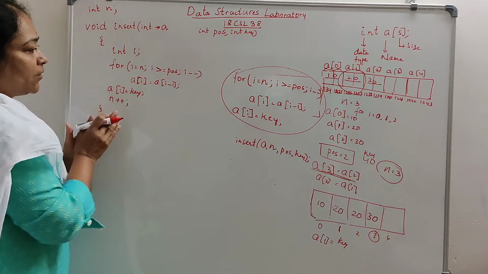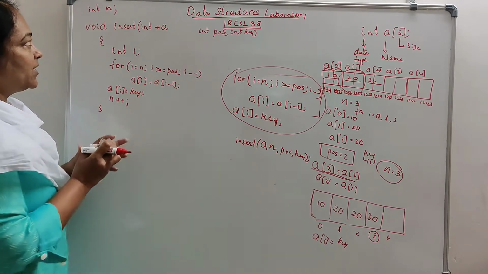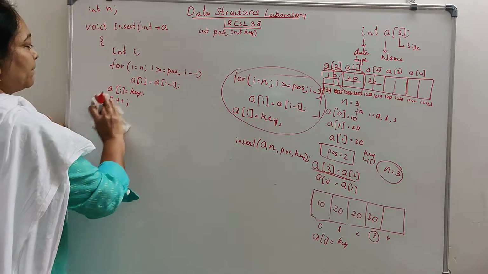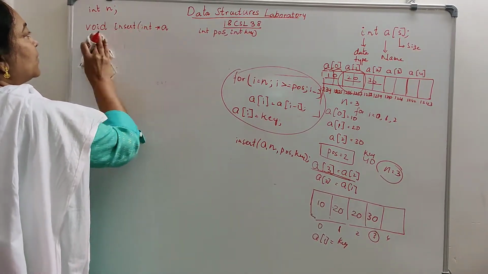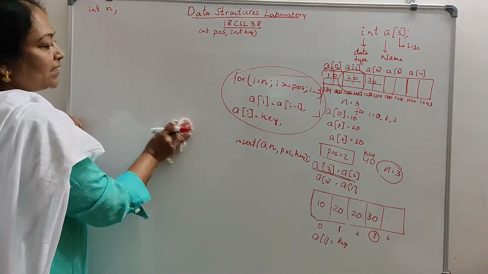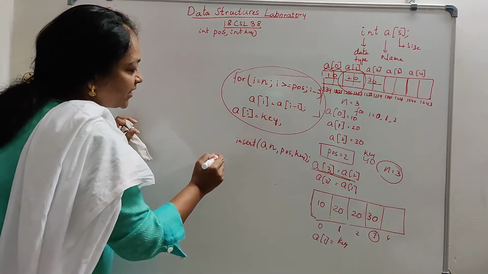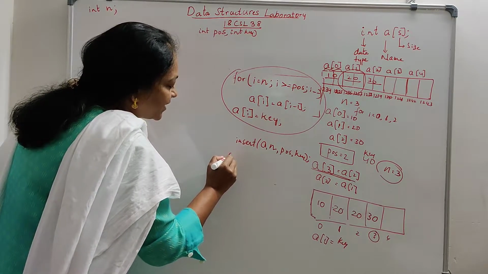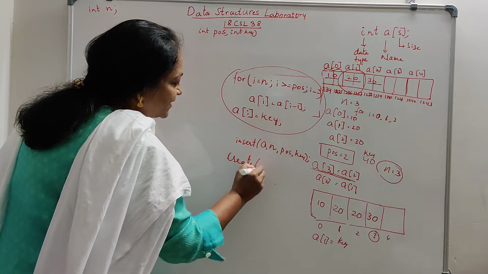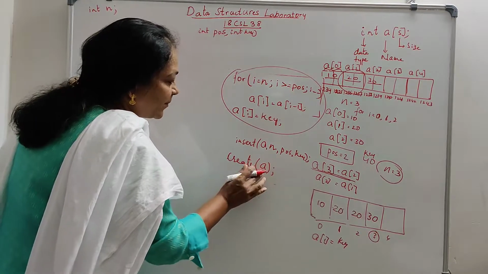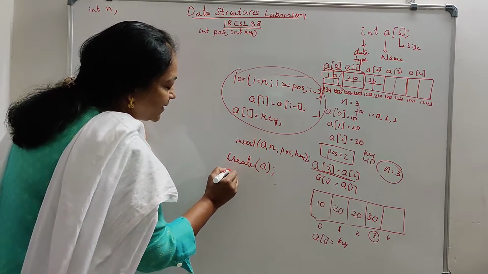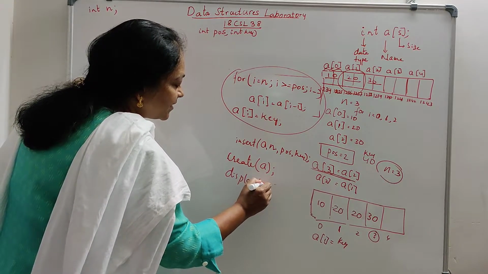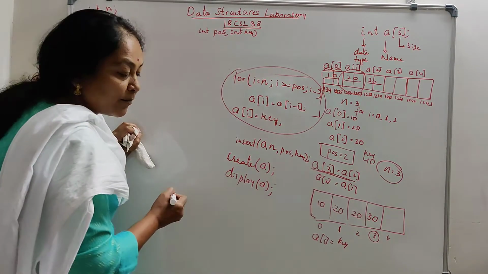Next, this is about the insert function. Then what about the delete function? In the previous functions, please make a note that the function definitions will be changing. In the create function, we send just the base address A, and in the display function also, just the base address, the name of the array.